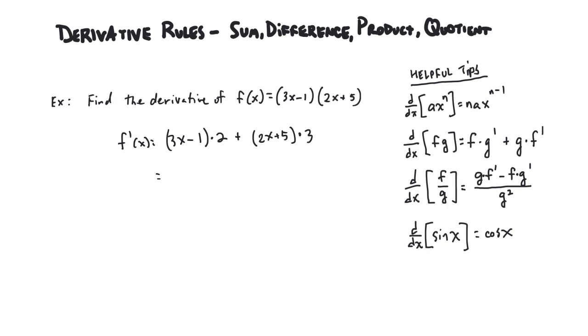So then I distribute my 2 to get 6x minus 2, and I distribute my 3 to get 6x plus 15. And collecting the like terms, I get my derivative, 12x plus 13.